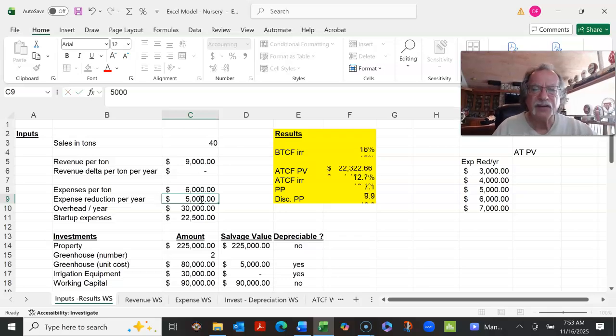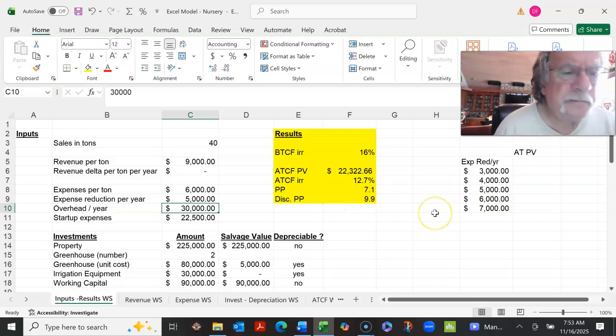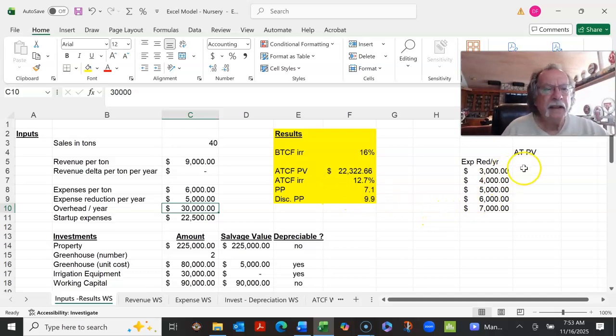Let's go back to our base case, and let me show you another way to do this. This is with the data table. And so what I want to do is look at what my expense reduction per year is at these different numbers. So if it's $3,000 a year, what happens to my after-tax present value? $4,000. I put $5,000 in, and I'll show you in a second why I do that. That's our base case.